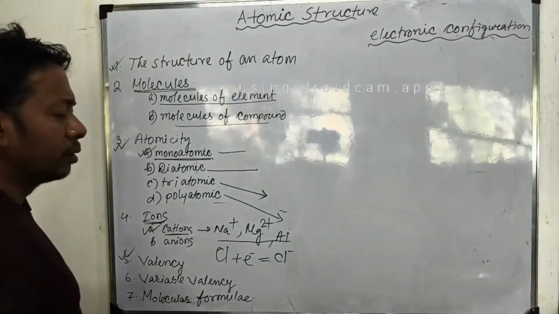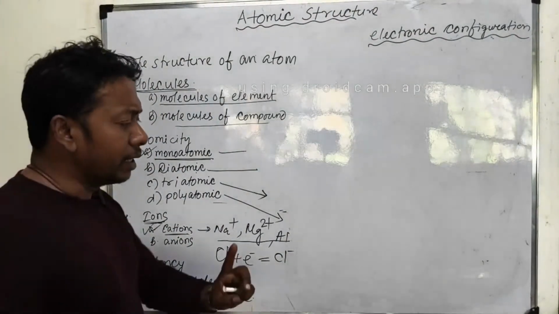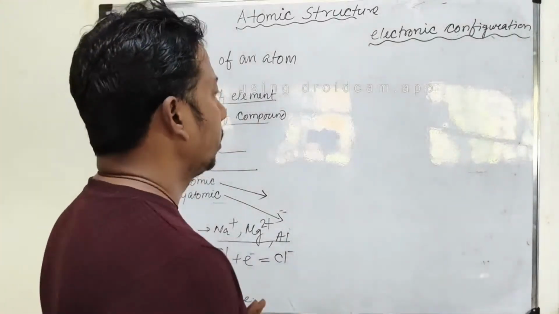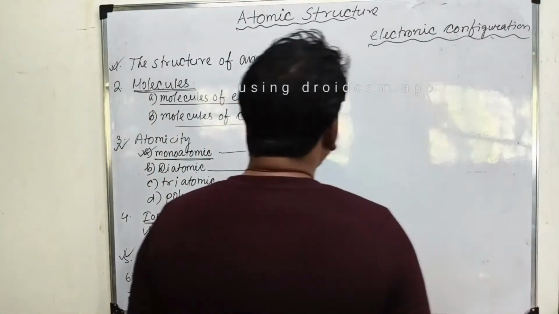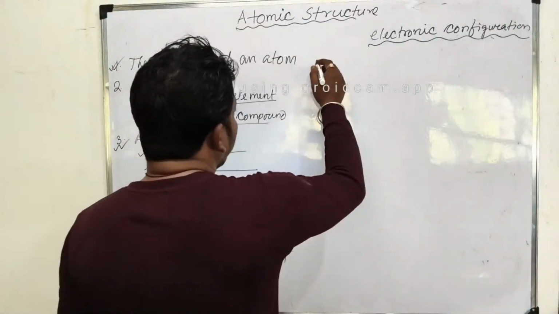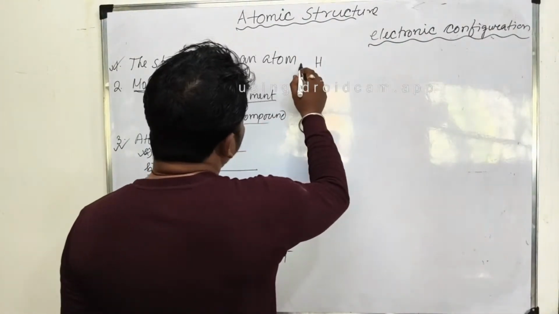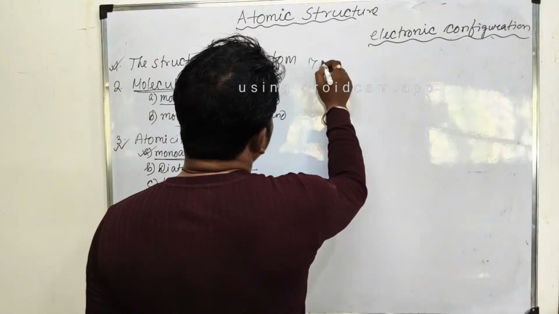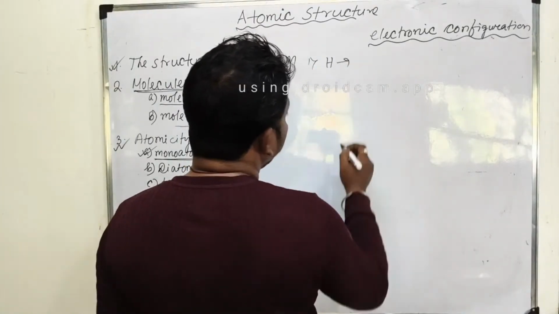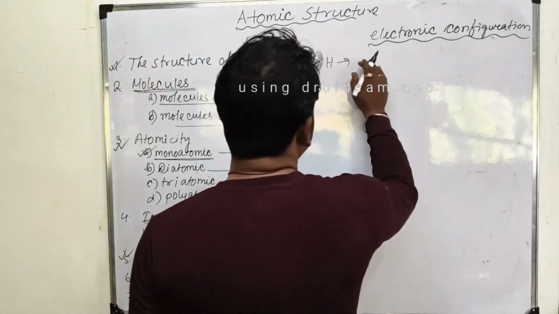If you know the electronic configuration, then you are able to find out the valency of any element. Okay. First of all, think about hydrogen. We'll check hydrogen. Atomic number one. Number of electrons present is one.